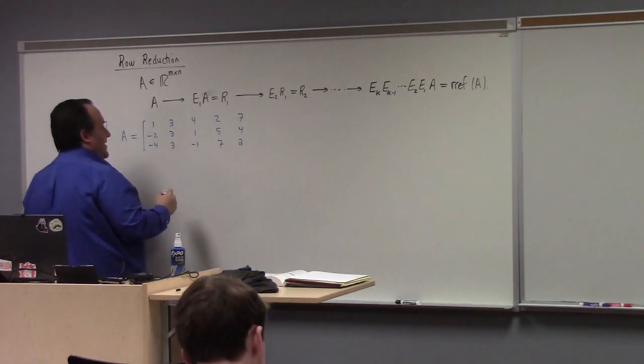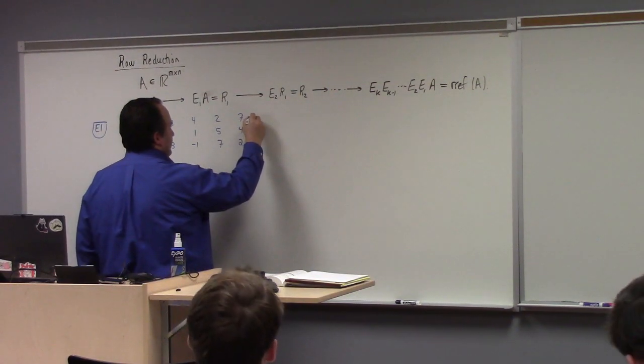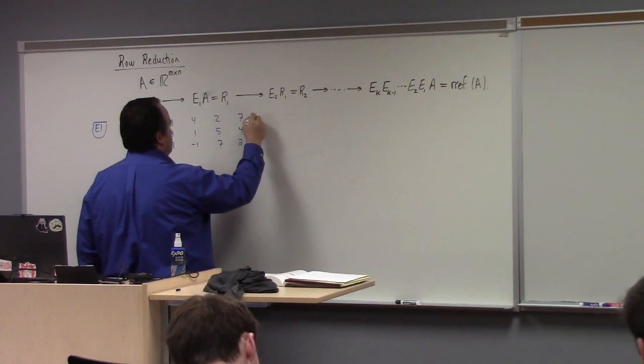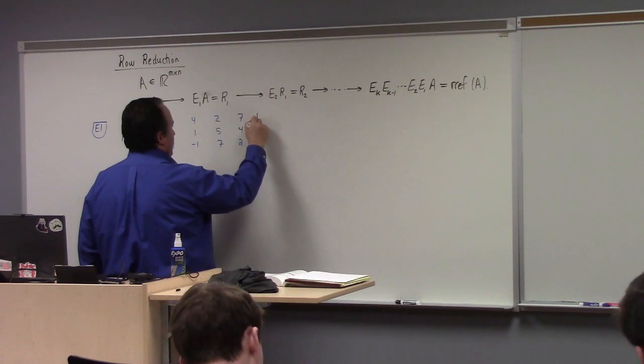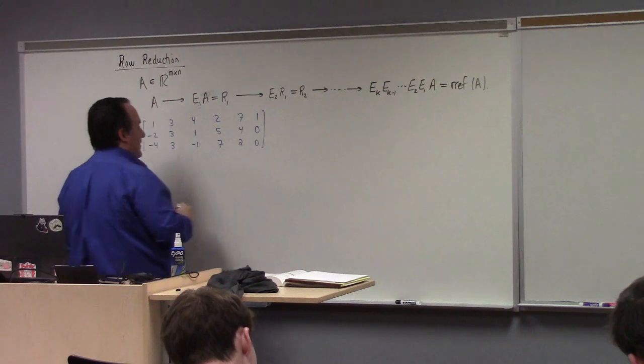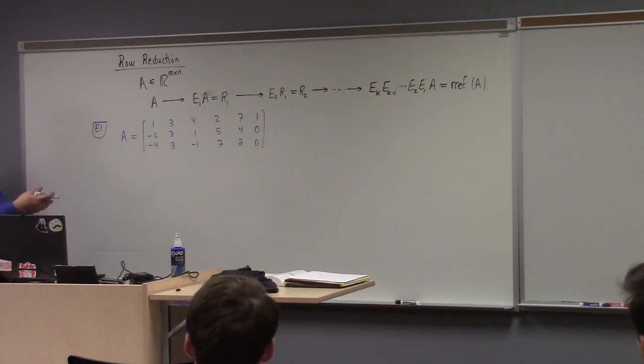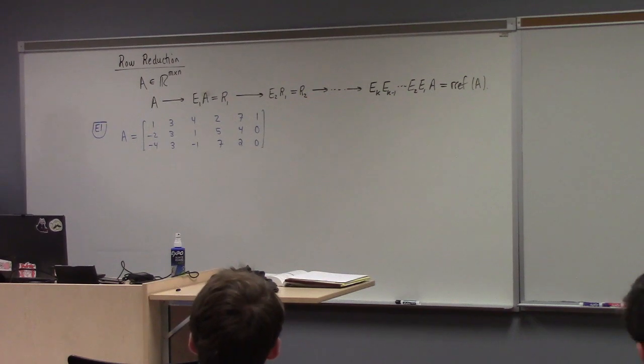All right. And then for good measure, we'll throw in a 1, 0, 0. All right, great. So this is a 3 by 6 matrix, right? Okay, great. Let's row reduce this thing.